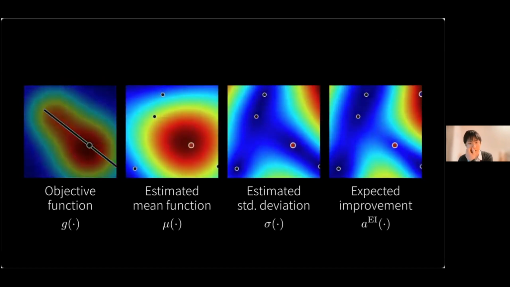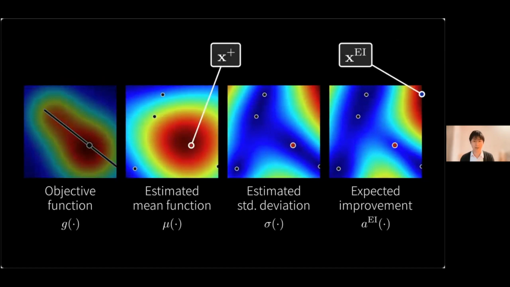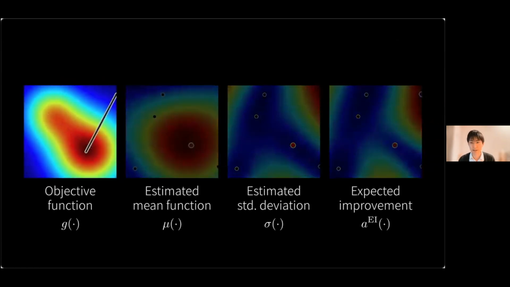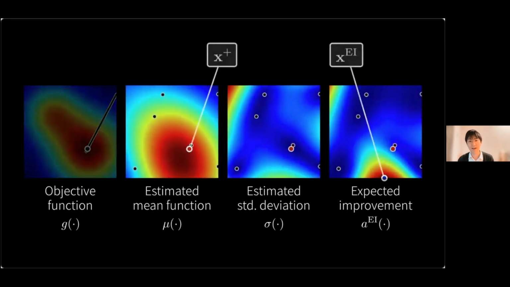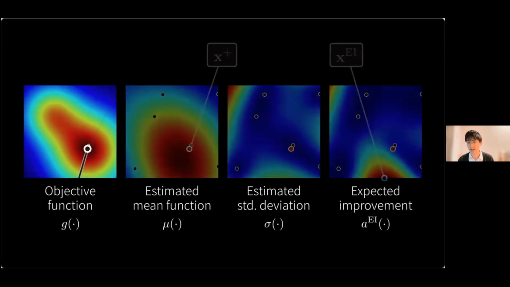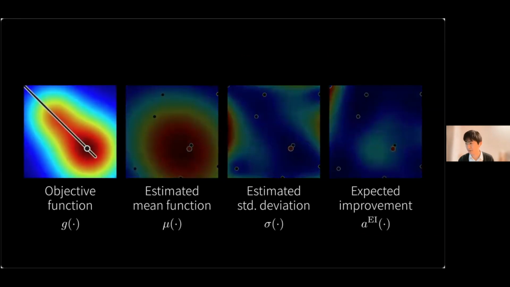Using this observed data, the system updates the internal models and again obtains X plus and XEI. By connecting these 2 points, the system determines the next slider space and then obtains X chosen by line search. The system iterates this process until a good solution is found.